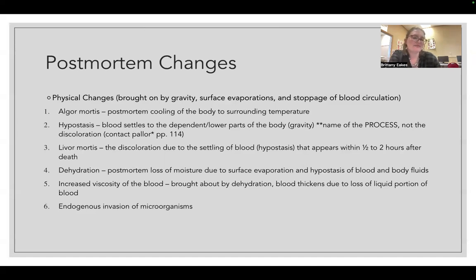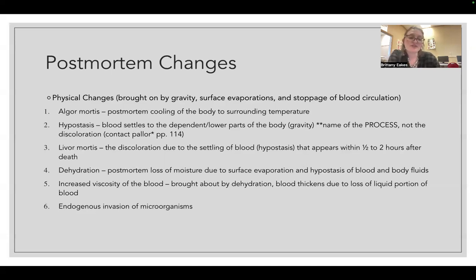So over time, this occurs, and the rate at which the body cools depends on many variables and factors within the body, intrinsic factors, and outside of the body, extrinsic factors. So it's important to understand the difference between intrinsic and extrinsic.